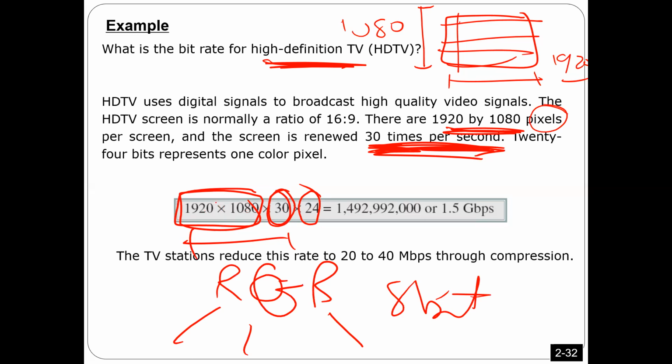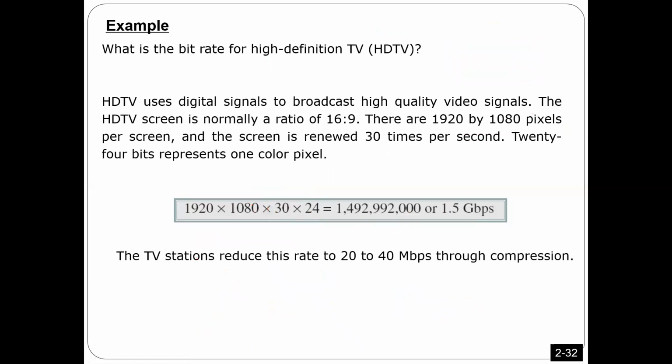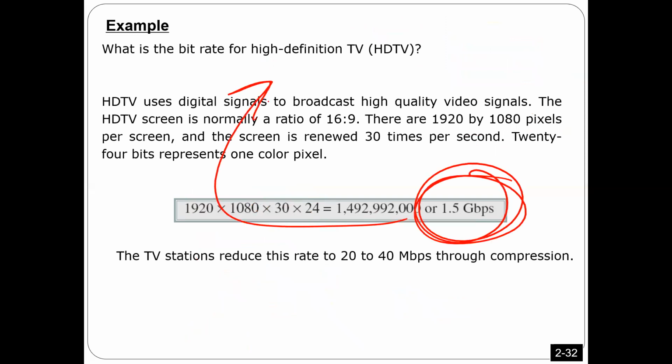When I multiply it by 24, it gives you the number of bits per image. If I multiply it by 30, it gives you how many bits in 1 second. So if I do this calculation, I find I should have this speed for this kind of TV.